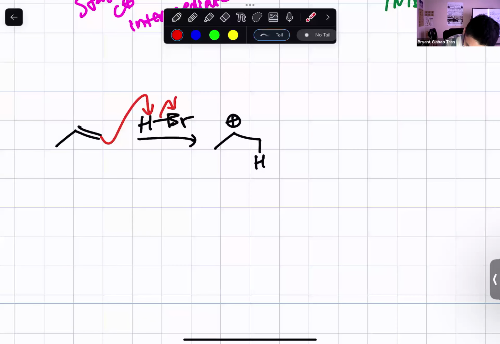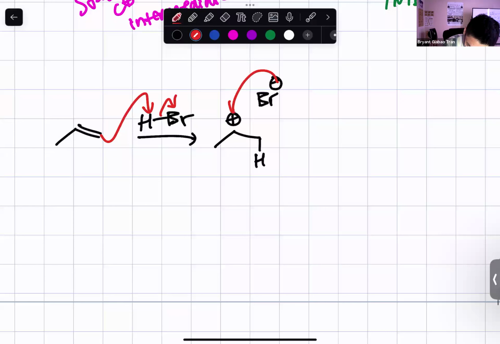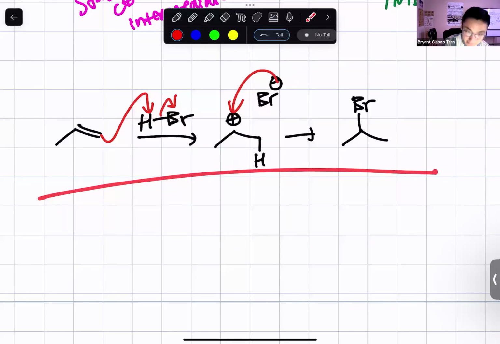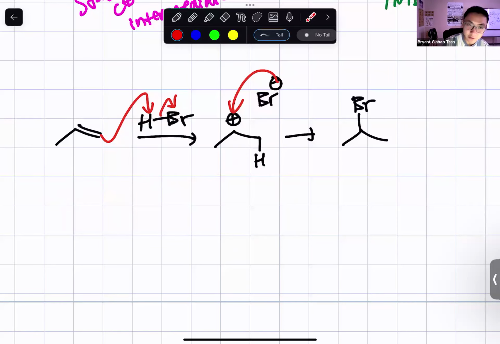This carbon here maintained its bond, so that's why it's still neutral. And then the Br minus that got kicked out is going to attack that positive charge to give us this final product here. And this is the simplest example because we had no hydride shift, no alkyl shift.